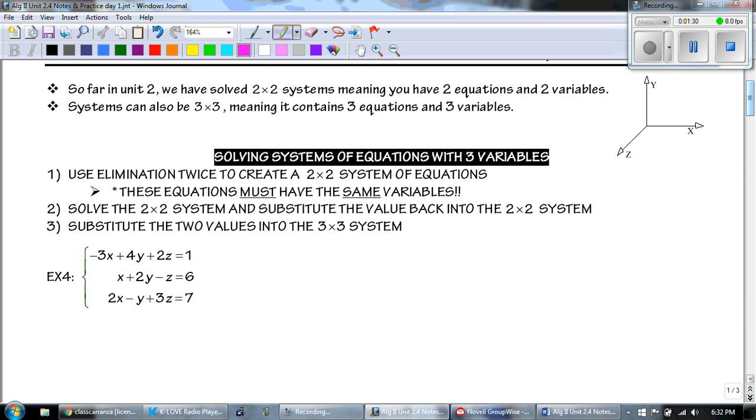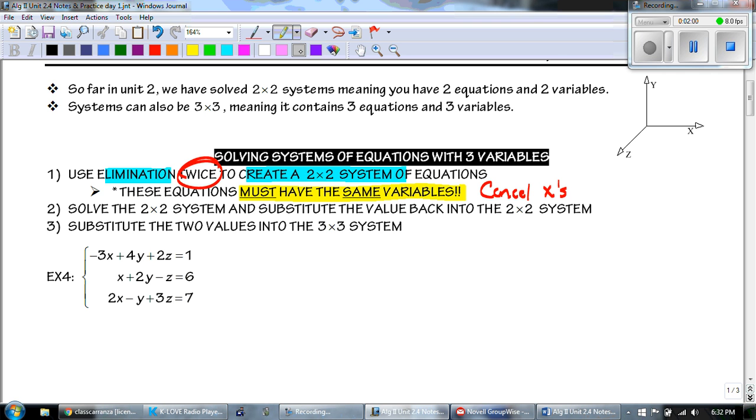So we're just going to be talking about solving systems of equations with 3 variables. So what we're going to be doing now is you need to use elimination twice, okay, 2 times to create a 2x2 system of equations. Now, when you're doing it, you must cancel the same variable, okay? Now, in class, what we're always going to do first is cancel the x's, all right? So we have to use elimination twice to cancel the x's.